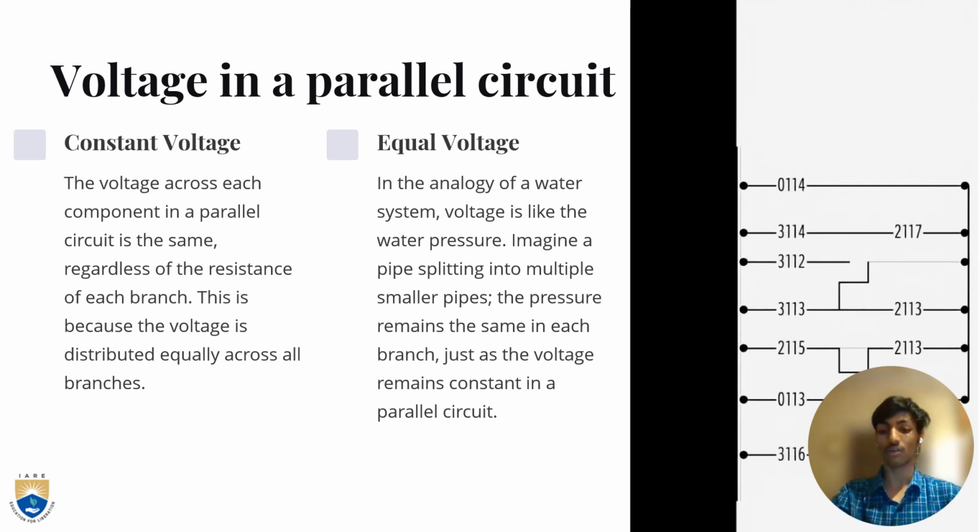In inductive loads, such as electric motors or transformers, energy is stored in a magnetic field. The current in an inductive load lags the voltage due to the inductive reactance XL, which is calculated as XL equals 2 pi F into L, where F is the frequency and L is the inductance.